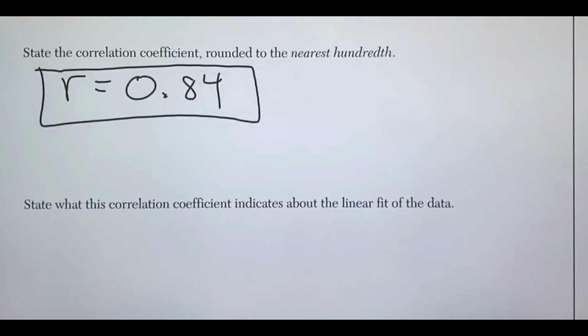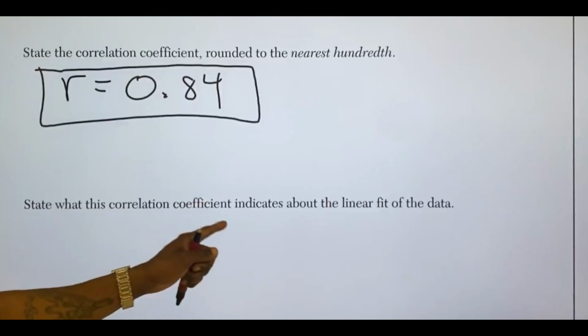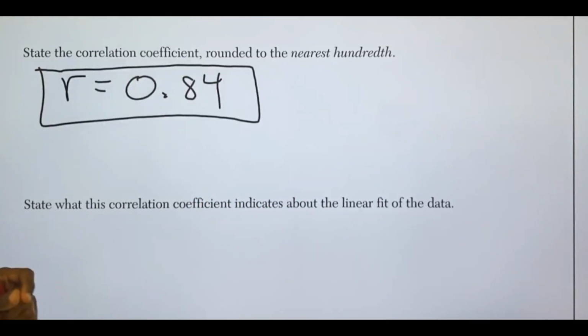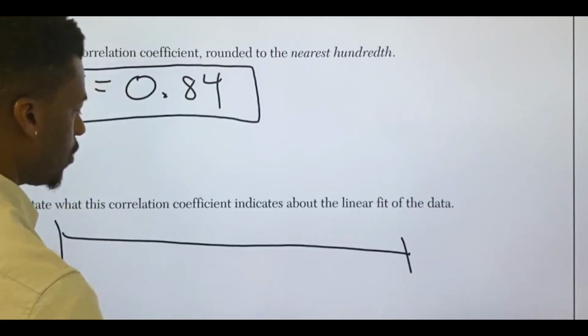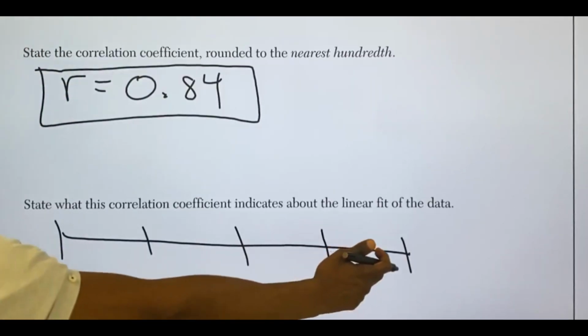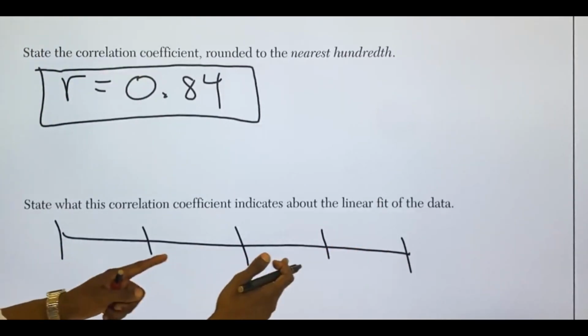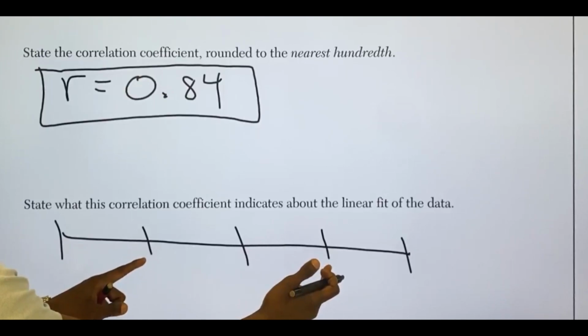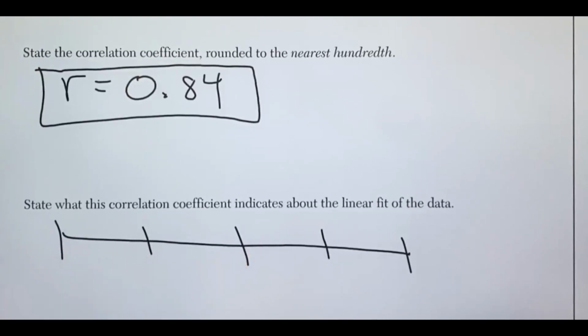That's the answer. Now, third part, it says state what this correlation coefficient indicates about the linear fit of the data. So you need a chart for this, and I want you to copy down the chart that I made. All right, so I got 2 lines at the ends, 1 line in the middle, and 2 that split the middle from the ends.